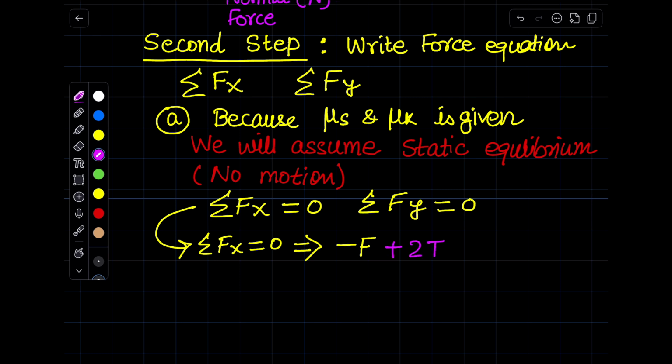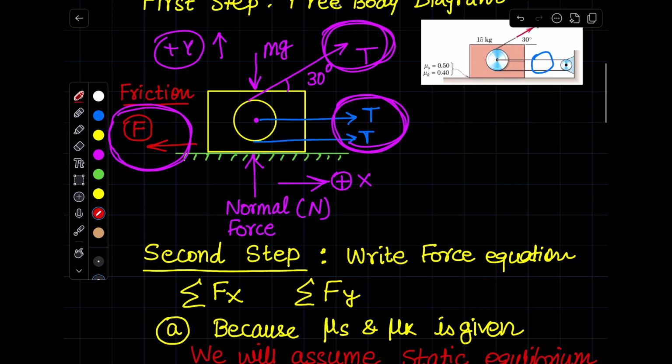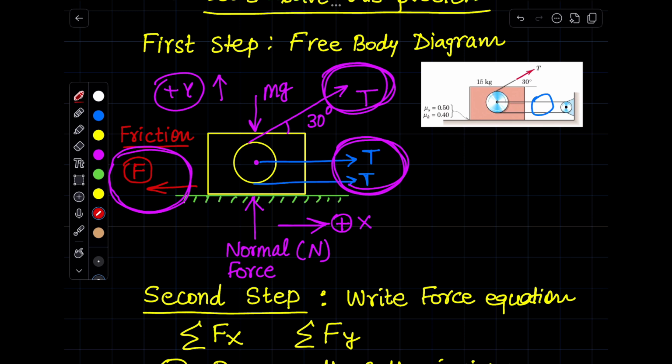So I'm writing here minus F plus 2T, and the component of that inclined T, T cos 30, is equal to 0. Just a reminder that there are three different forces working in the x direction.